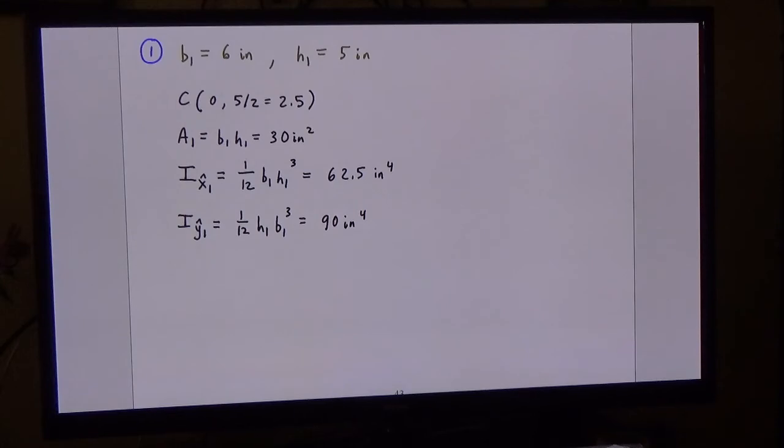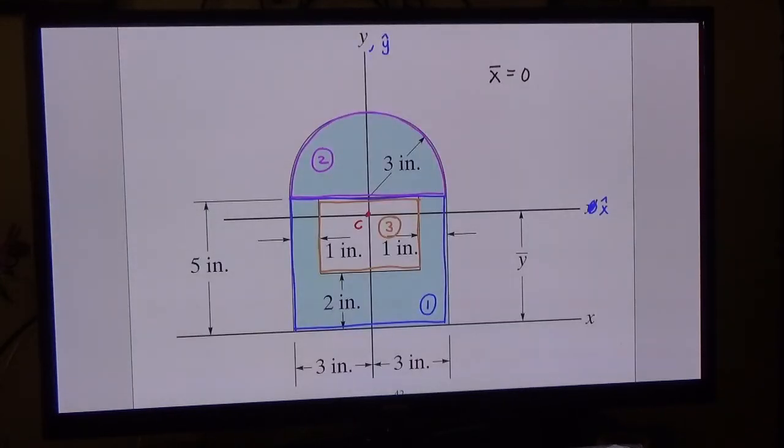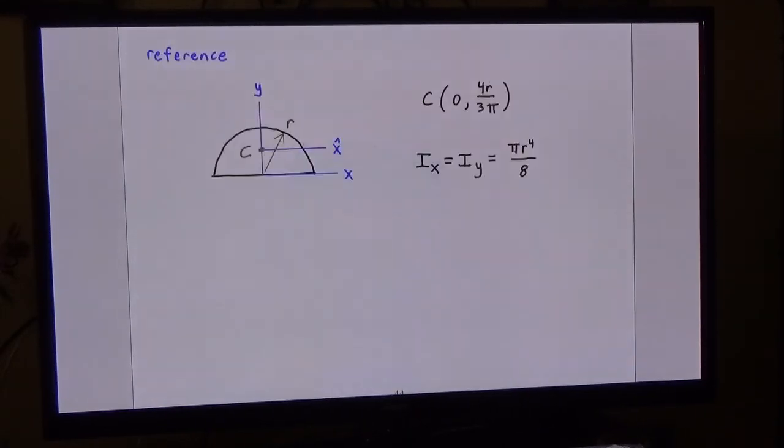For part number 2, I notice that this is a semicircle, so I go to my reference and find the moment of inertia for a semicircle. A semicircle has a centroid location that's given. It's 0 in the x and 4r over 3 pi in the y.